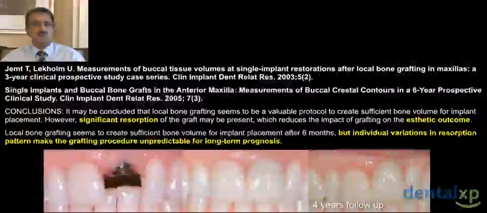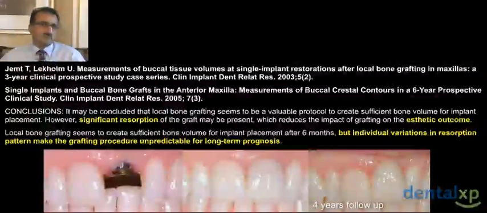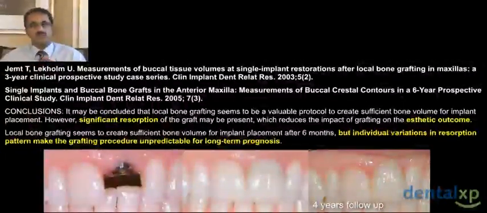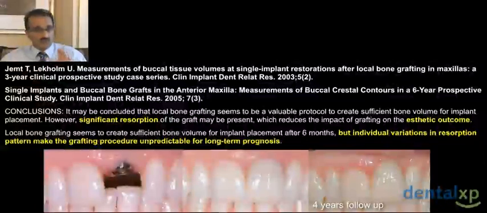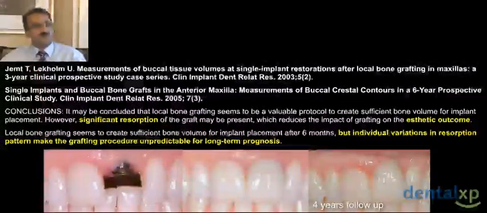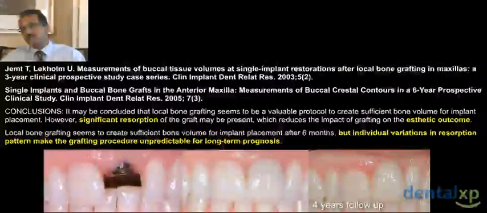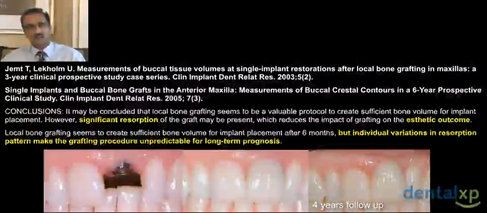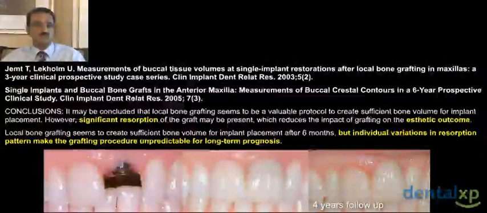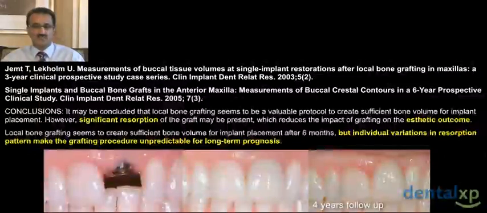Their conclusions were that the block graft was very useful to provide sufficient bone for placement of the implant. However, there was significant variation in the resorption pattern of that graft over time, which made it very unpredictable and had a big impact on the aesthetic outcome.